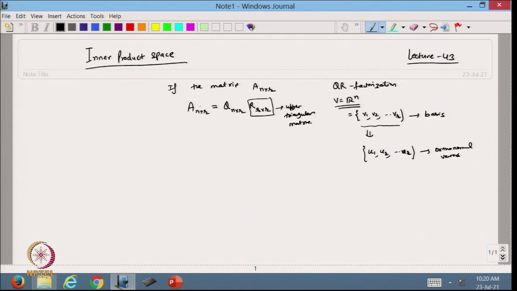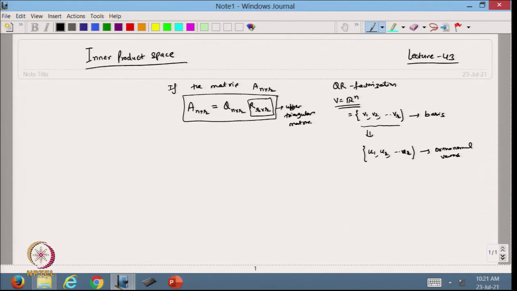Because of their dimensions, Q is a rectangular matrix, but R will be a square matrix and an upper triangular matrix. So, QR factorization is also possible when we are dealing with a basis of a subspace instead of the complete vector space.